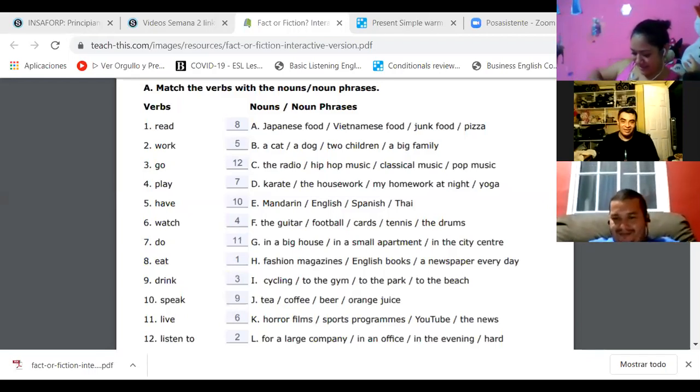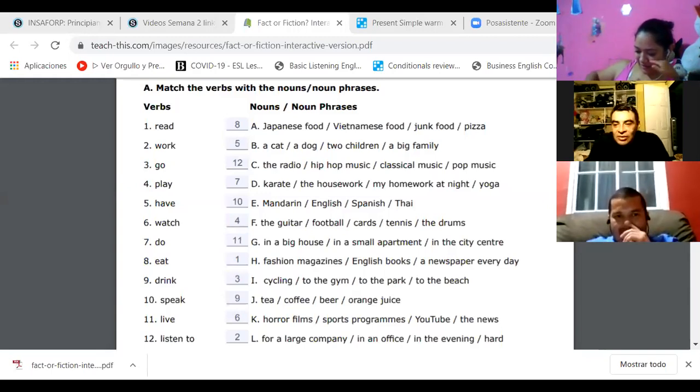Okay, all right. So this is what you need to do. You need to write down 3 sentences using the vocabulary and using the verbs.